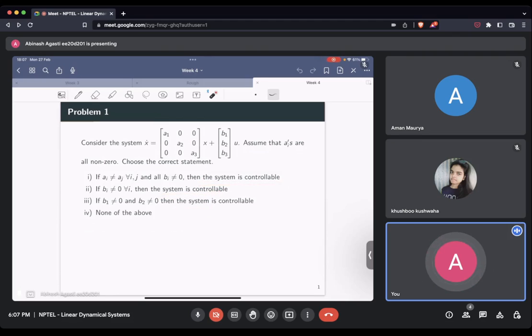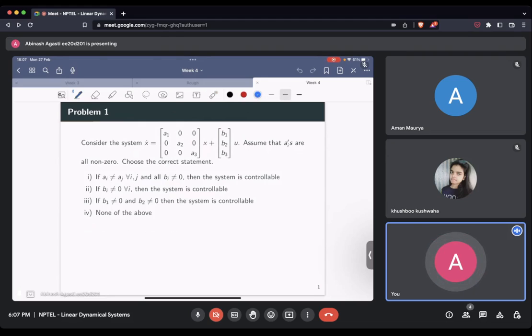So we basically want to find out some conditions, like this could be one of the conditions, ai not equal to aj for all i, j, and all bi not equal to 0. We want to find out under what conditions this given system defined by this A matrix and this B matrix is controllable.